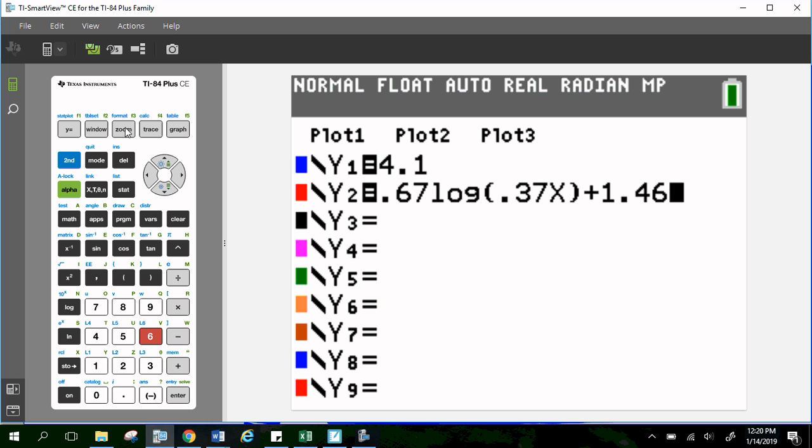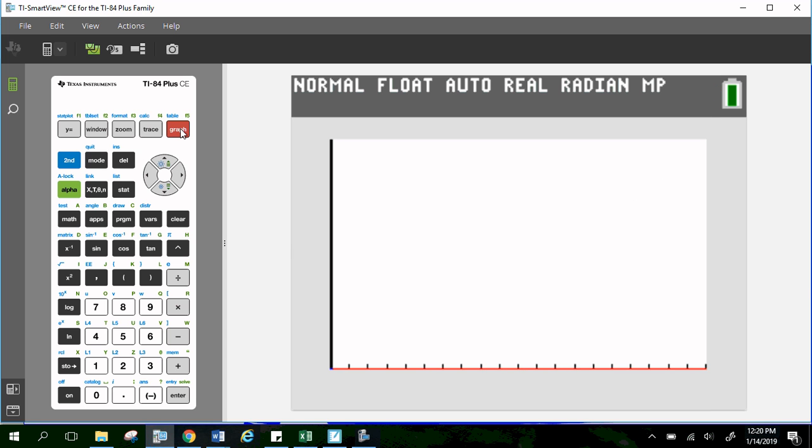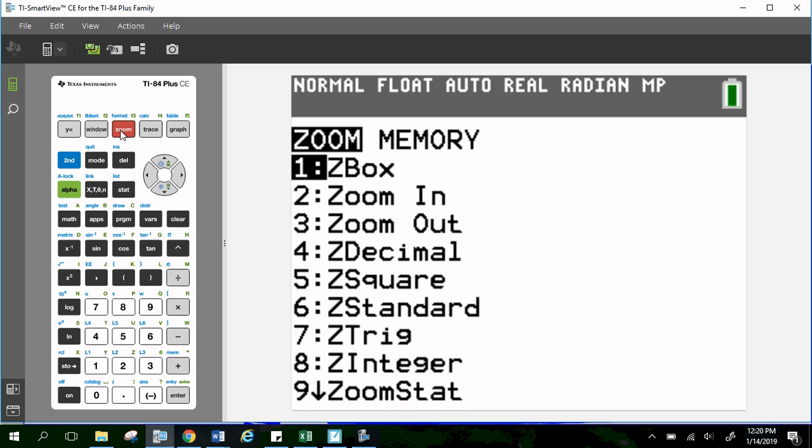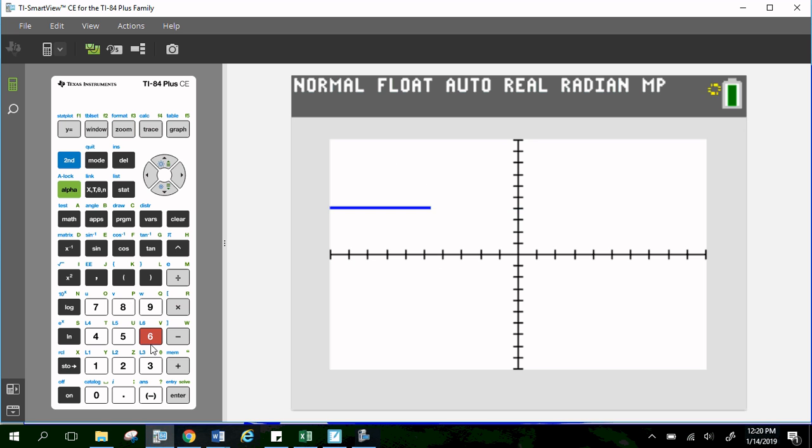And when we graph this, we will see that, I need to zoom standard first, that that logarithmic function is going to grow very slowly. So it's going to take a long time to get to 4.1, which means there's a lot of energy that's going to be released.